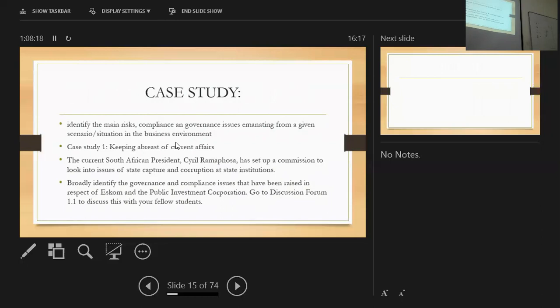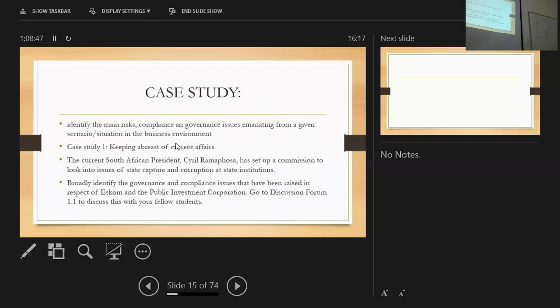But remember, your studies for risk management do not only cover profit-making organizations, but also not-for-profit organizations and governments and all that. You get the sense, right? It's an issue of application.